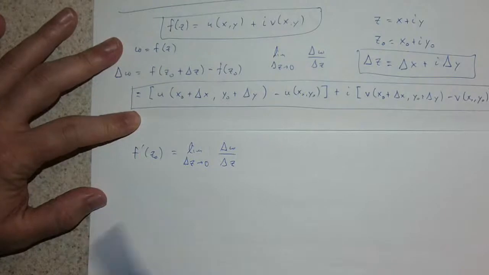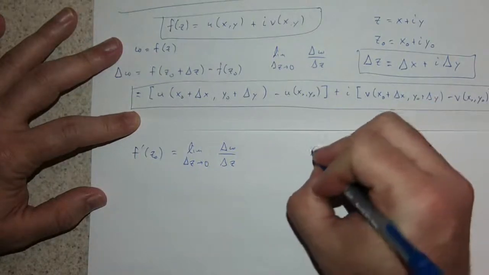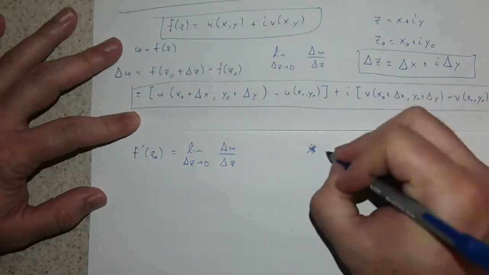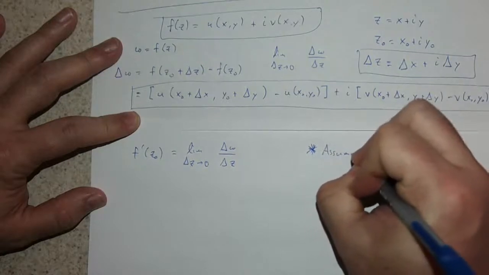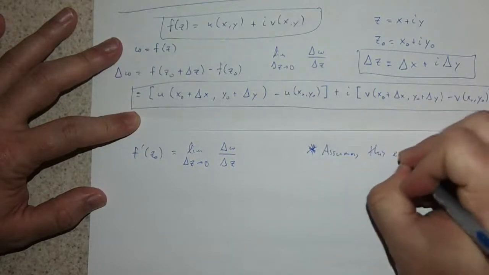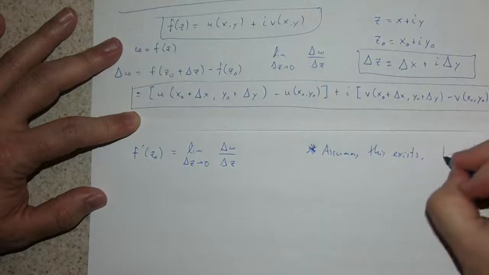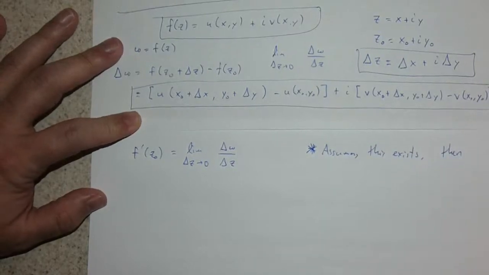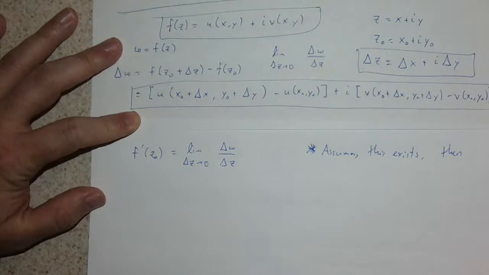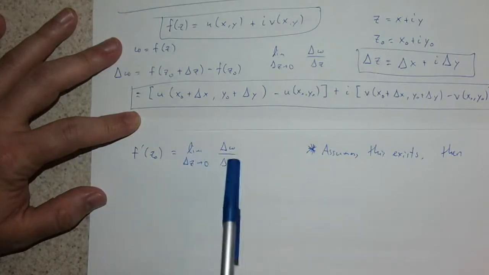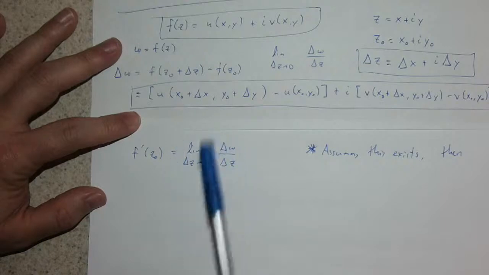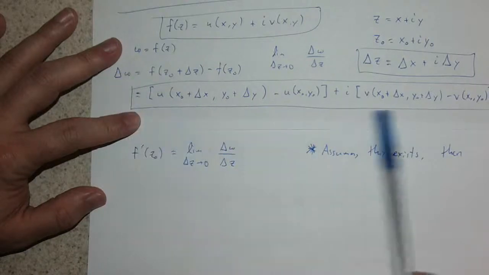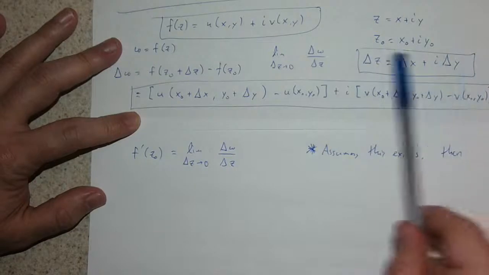So if this exists, and this is a big assumption, I'm going to put a star here, so assuming this exists, then what do I know? If I'm taking the limit of this quantity, here's delta w in terms of u and v, here's delta z.